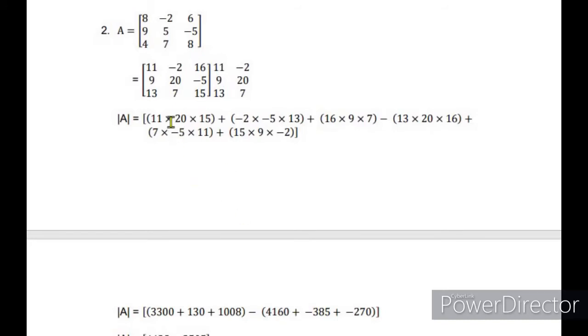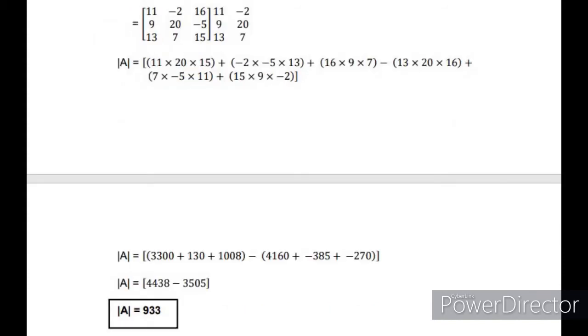Plus 7 times negative 5 times 11 is equal to negative 385. Plus 15 times 9 times negative 2 is equal to negative 270. So we just simplify them and get this number. The determinant of matrix A is equal to 933.